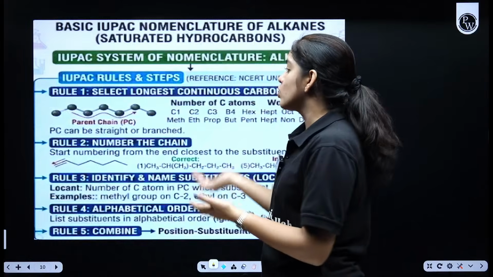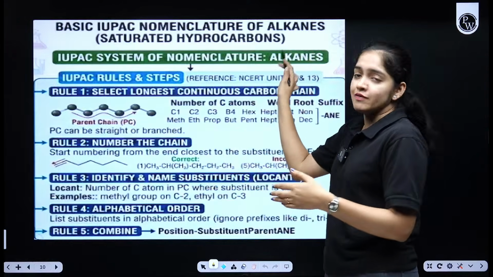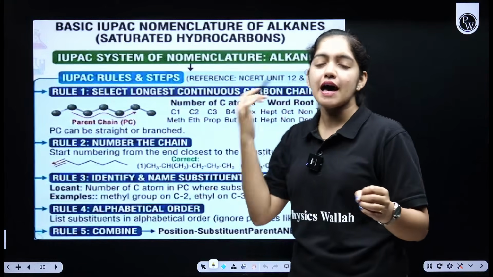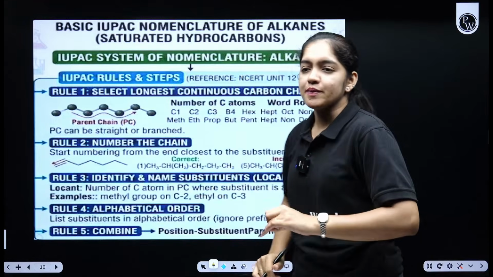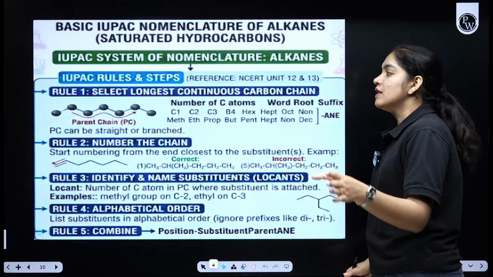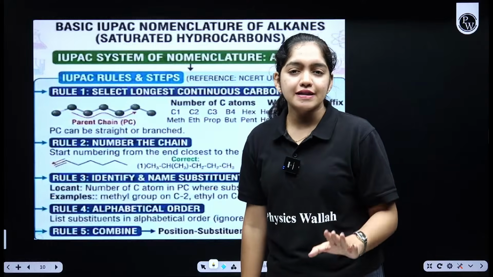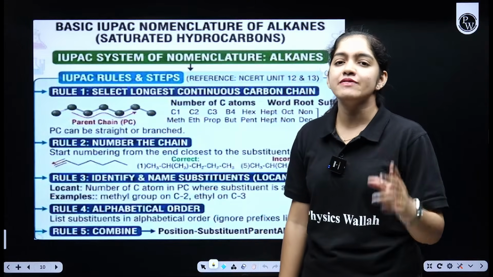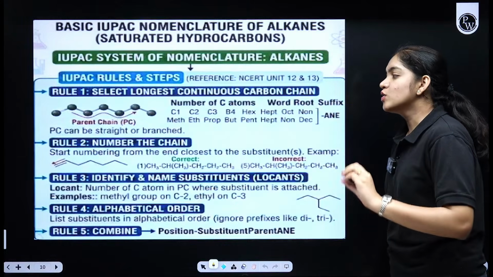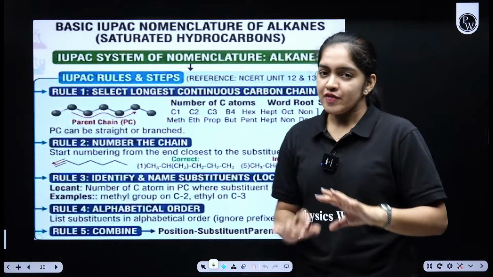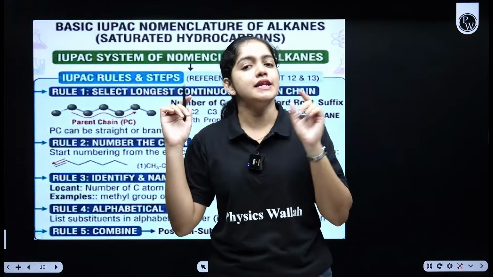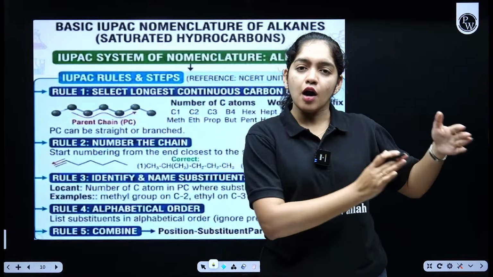So which is the first rule for naming alkanes? We are starting with alkanes and we can discuss alkenes and alkynes also. Okay, so the first rule is, select the longest carbon chain. Select the longest carbon chain is our first rule. Then the next rule is number the chain. First select the longest chain, then number the chain like 1, 2, 3. How many carbons are there?